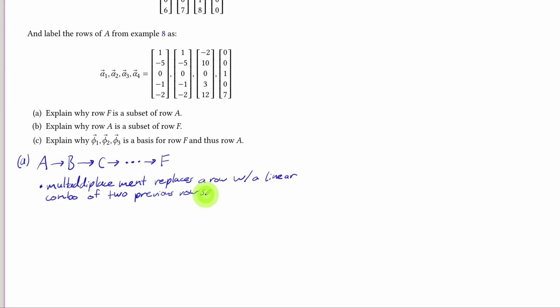So row replacement replaces one of the rows with the sum of itself and another row. Swapping two rows, well, you're not changing them, you're just making the new rows equal to 1 times one of the other rows plus 0 times the rest, and that's still a linear combination. If you scale a row, then that replaces it with a linear combination of one previous row.